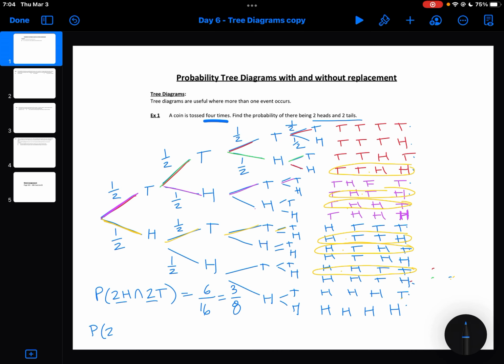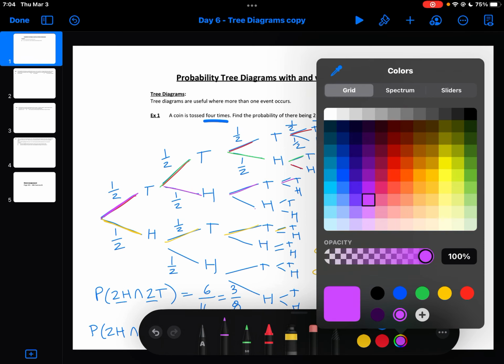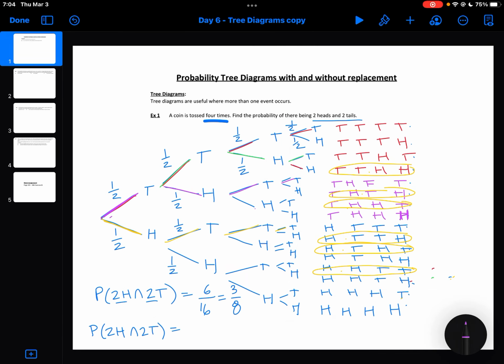So my other approach, we'll write it out again, I'll use the purple again. So to get 2 heads and 2 tails, I'll look at this pathway right here. I would have a half times a half times a half times a half.